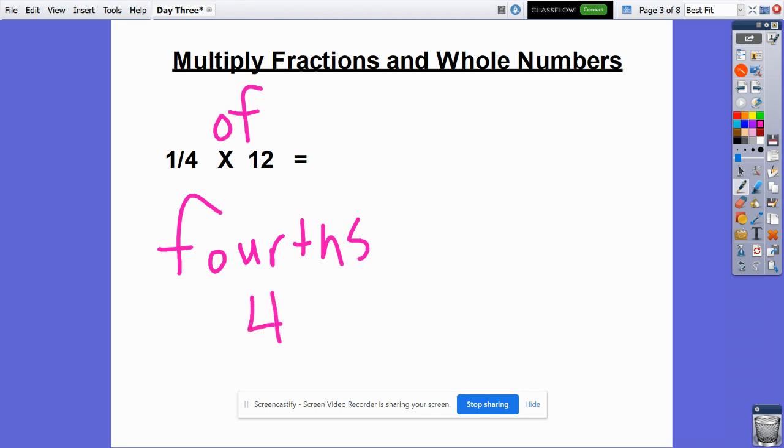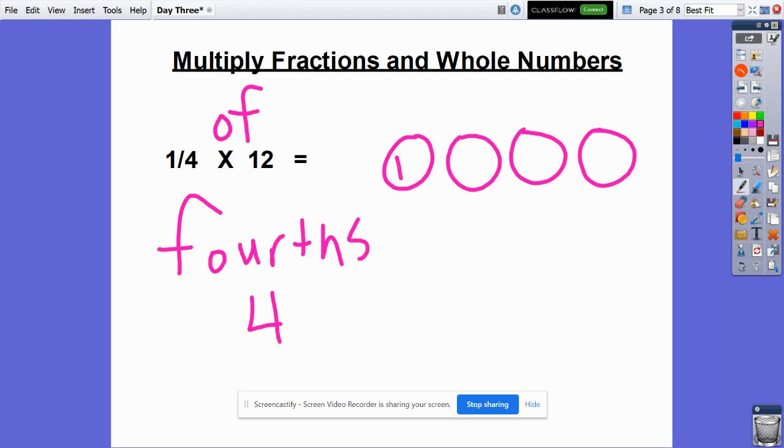So I'm going to draw 4 circles, 1, 2, 3, 4, and split up my 12 equally or evenly. 1, 2, 3, 4, 5, 6, 7, 8, 9, 10, 11, 12. I have split up my 12 into 4 equal groups.